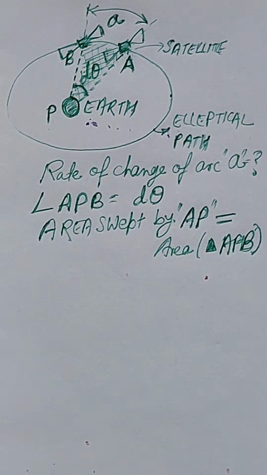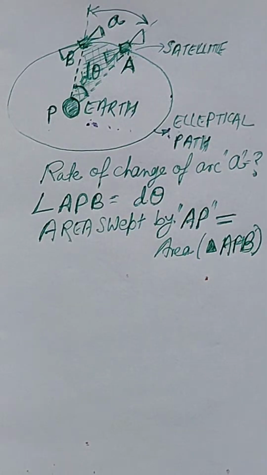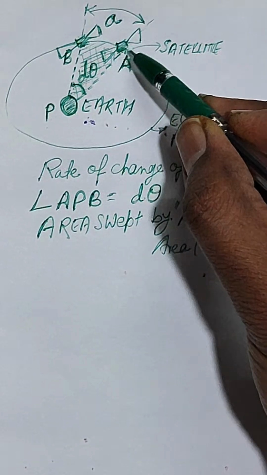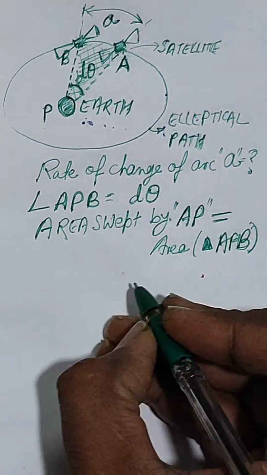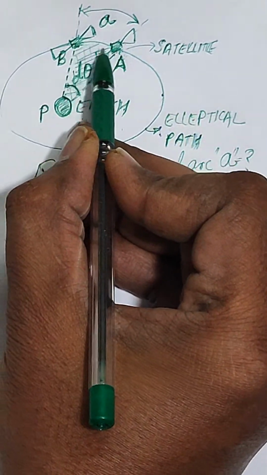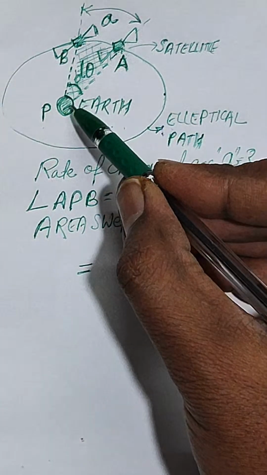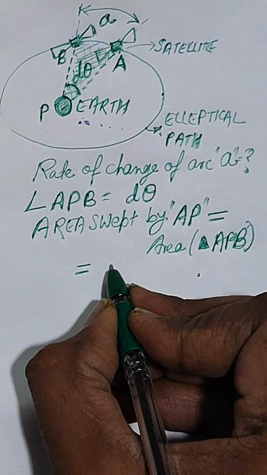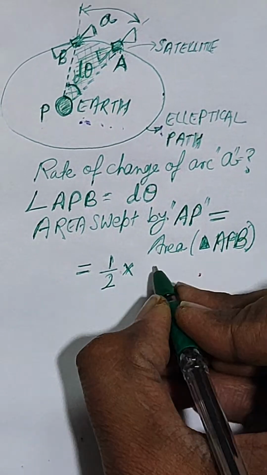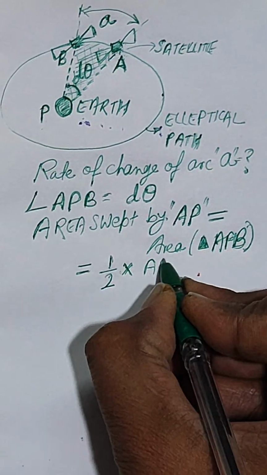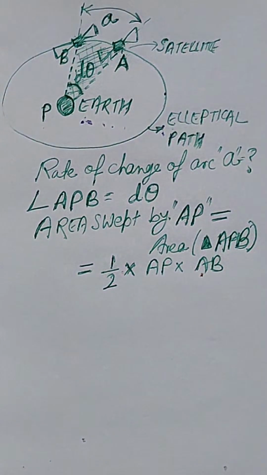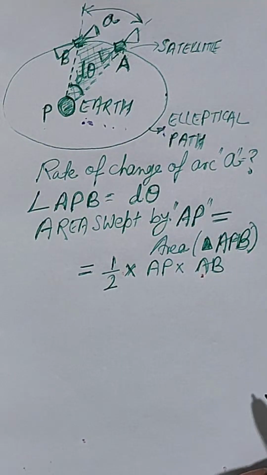The area of triangle APB is nothing but AP into AB, because for a minor change we can consider AB as a perpendicular line, then half into base into height. So we can write half into AP into AB.